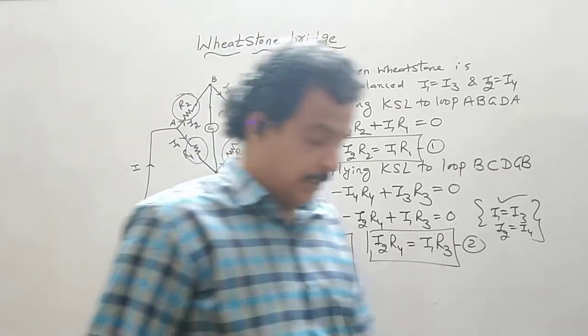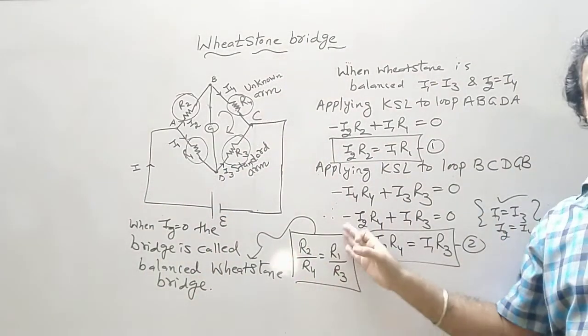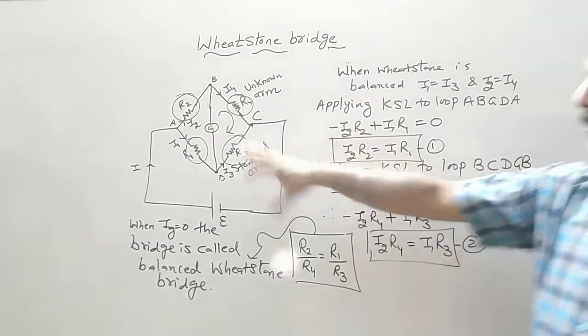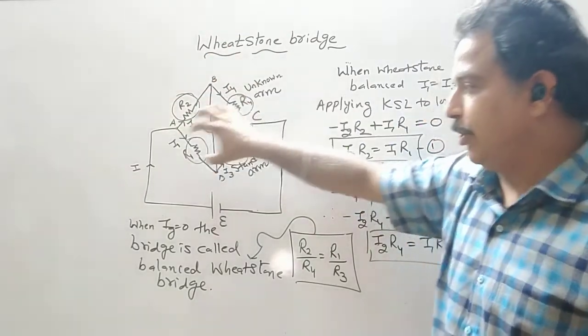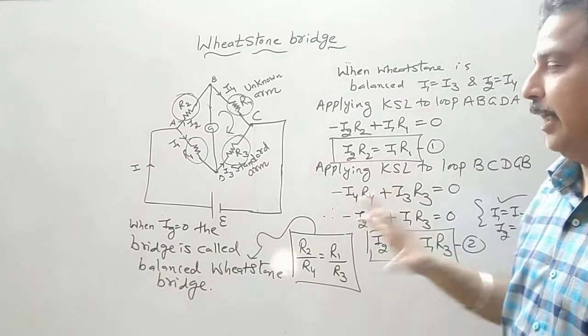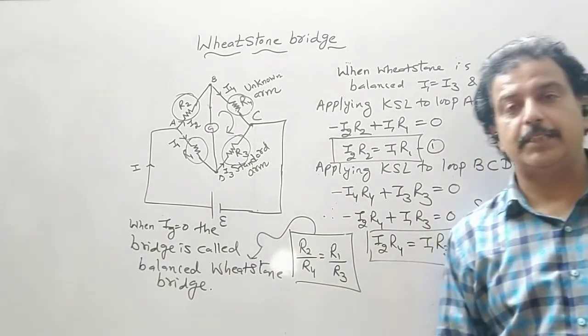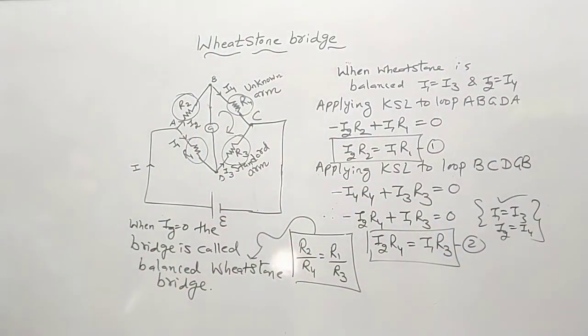Don't remember it by the symbols; remember that the ratio of these two resistances is equal to the ratio of these two resistances. If this is the situation, then the Wheatstone bridge is balanced. So this is the condition for Wheatstone bridge.